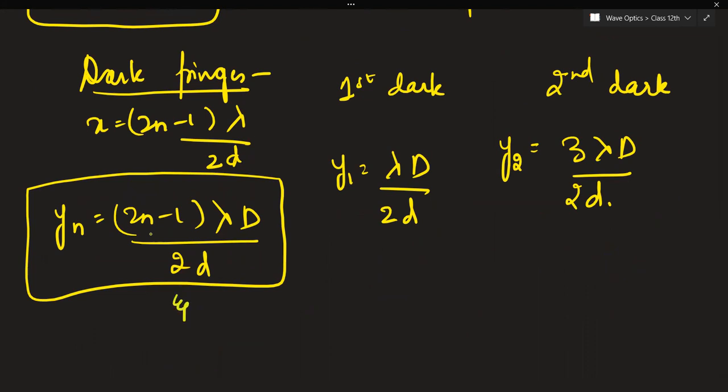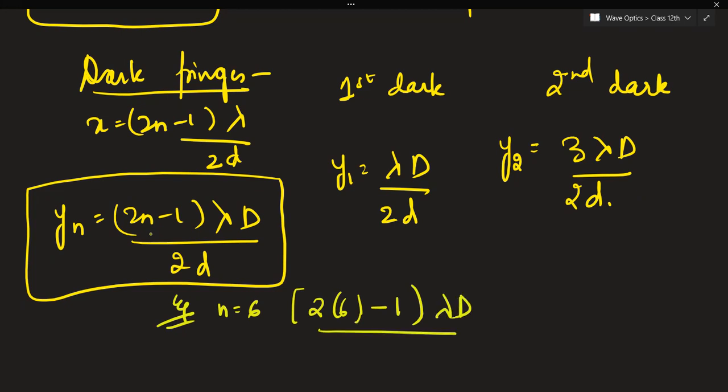Let's say, for example, n's value is 6. Instead of n, put the value 6 in 2n minus 1, so this is (2n minus 1) lambda capital D by 2d, where n is 6. So this becomes 12 minus 1, that is 11.